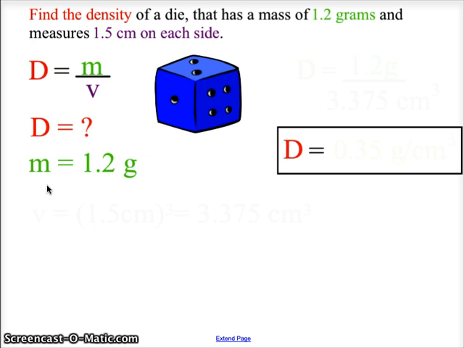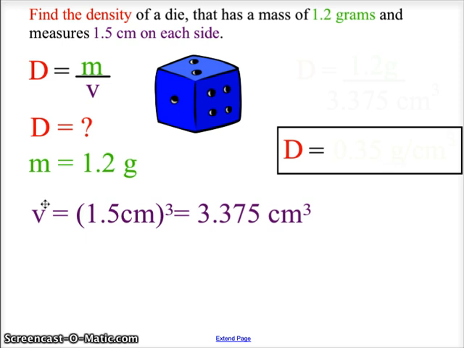We know the mass is 1.2 grams, and we know that the volume is created by taking the sides of the cube, and a die is a cube, so we do s cubed, 1.5 centimeters cubed, and that gives us a volume of 3.375 centimeters cubed.